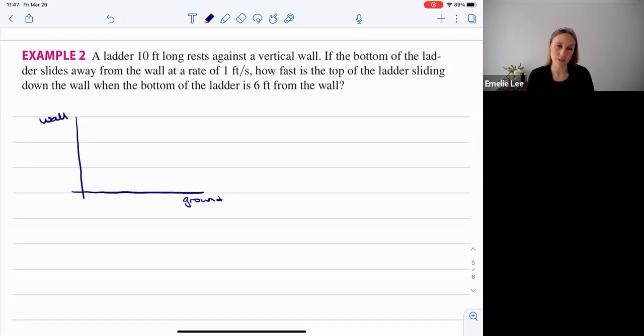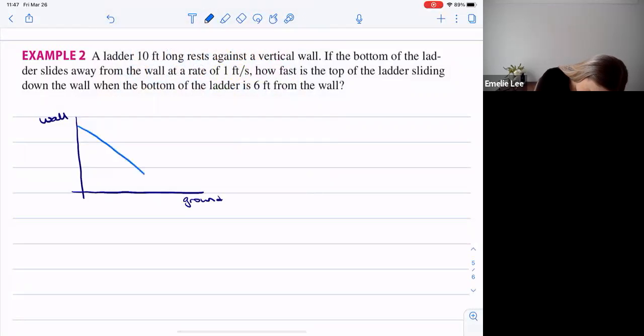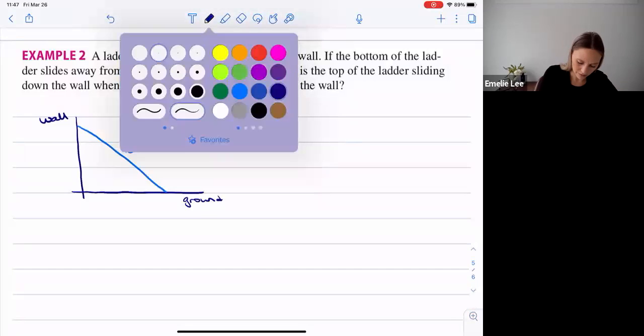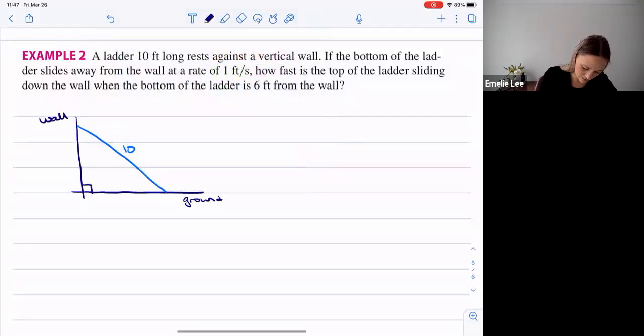You can use whatever notation you want, w and g or whatever. And so what we have is, I'll do the ladder here. We've got a 10-foot ladder, which means that now I have this beautiful 90-degree right triangle.